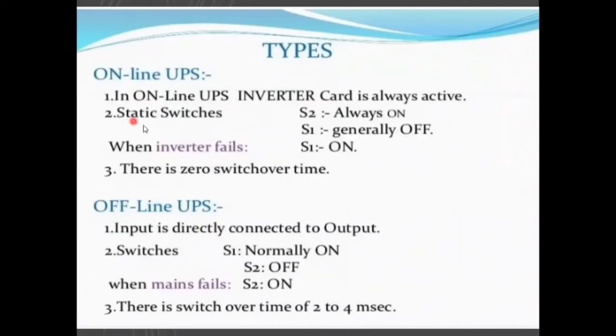And number 2 is the static switches. Switch S2 is always on, and S1 is generally off. When the inverter is faulty, S1 is also on. S1 means static switch 1 and S2 means static switch 2.